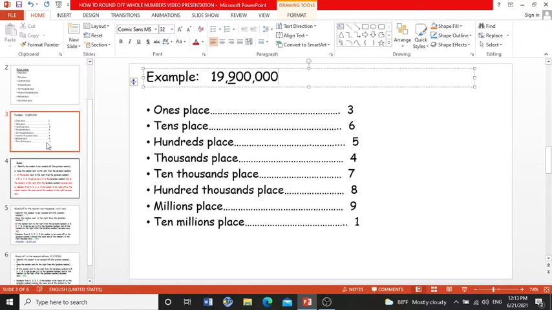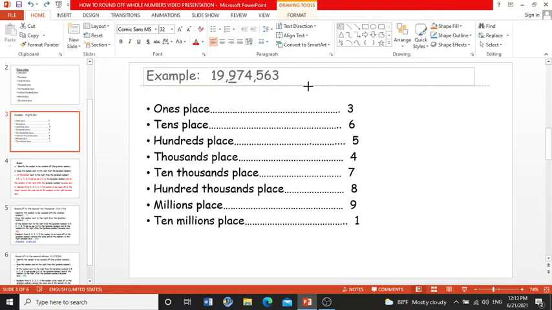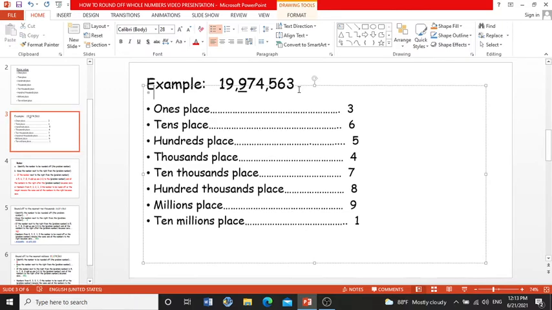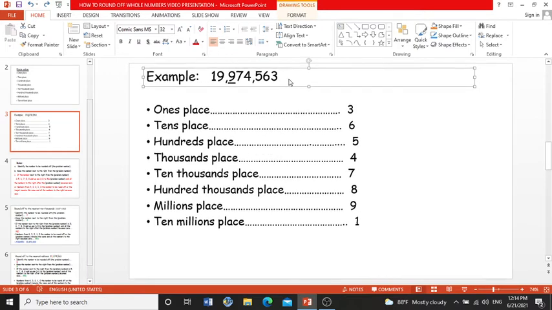Okay, hold on. Let me rewrite that to make it easier. So, the answer for this, if rounded up to the nearest hundreds, your answer will be 19,900,000.